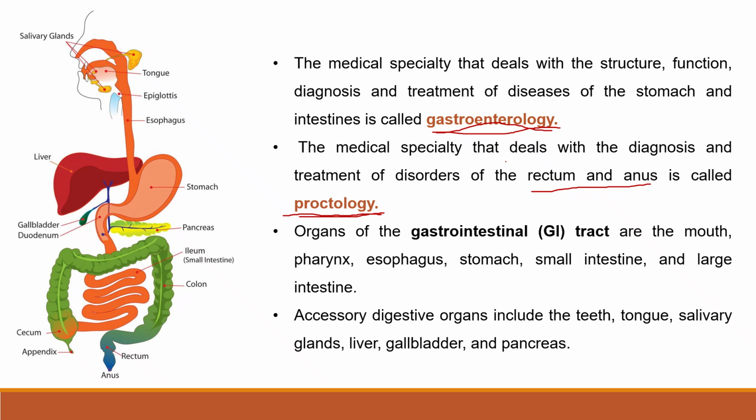So the organs of the gastrointestinal tract, the alimentary canal, are there, and the accessory organs are also there. So these are the supporting organs. They also help with digestion: the liver produces bile, the gallbladder stores bile juice, and the pancreas releases the digestive enzymes. So the teeth, tongue, and salivary glands also help when the food enters the mouth.